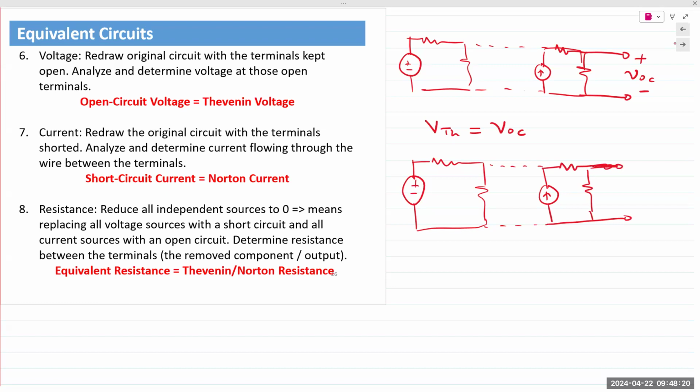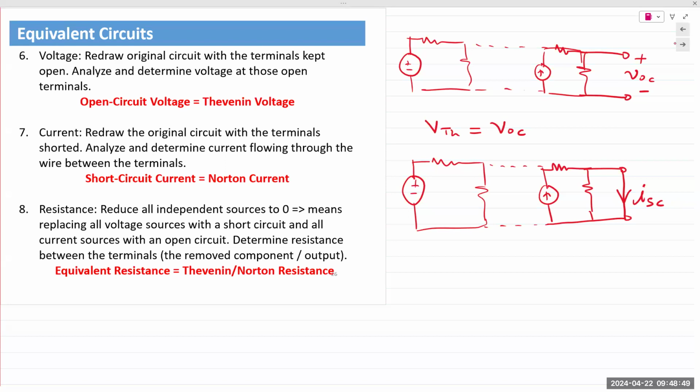If you wish to find Norton current, current needs a pathway to flow through. It cannot flow through the open terminals, so we place a short circuit wire. The polarity of that current, at the beginning of our analysis, we take as going down. The polarity of the voltage is, of course, plus at the top and minus at the bottom. So we assume that the current is flowing down.